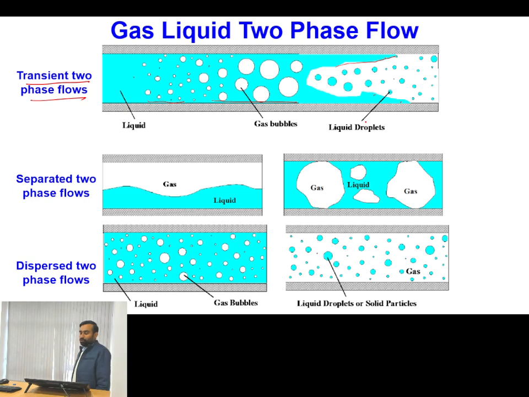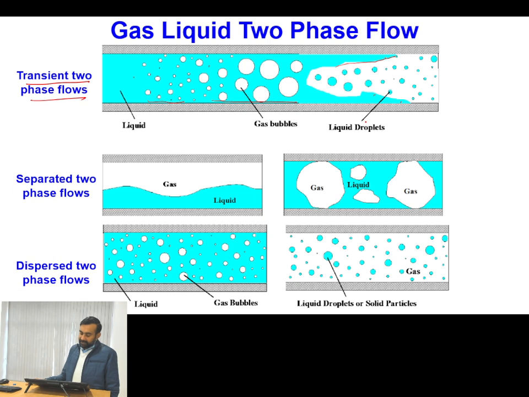In this scenario, as you move across different cross sections of the pipe, at each point we have a different kind of phase association between the two phases. That's why we call this transient two-phase flow.